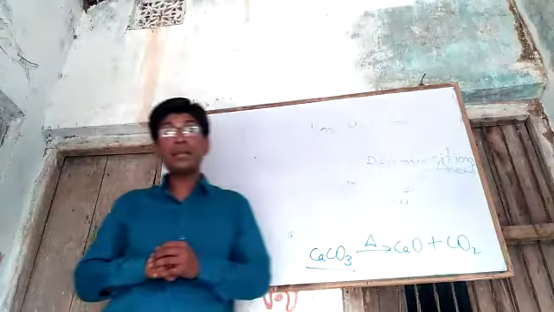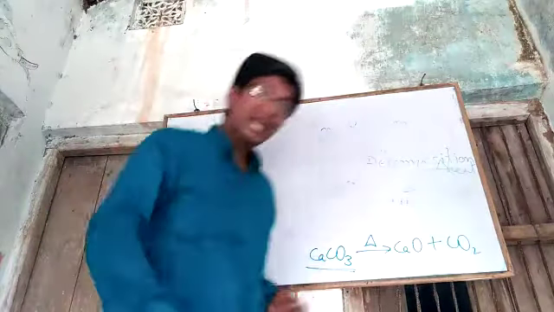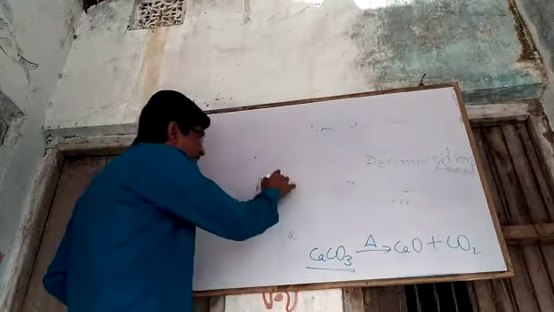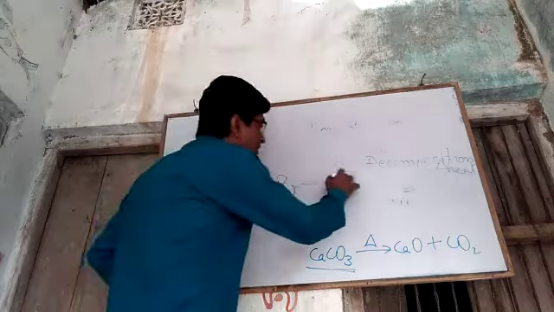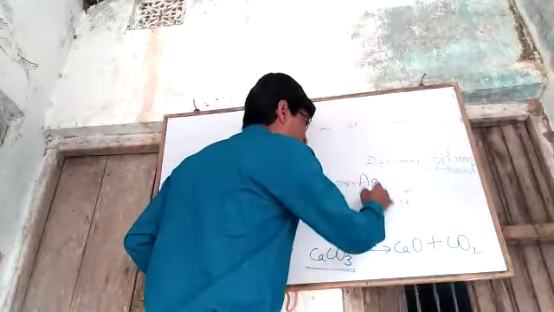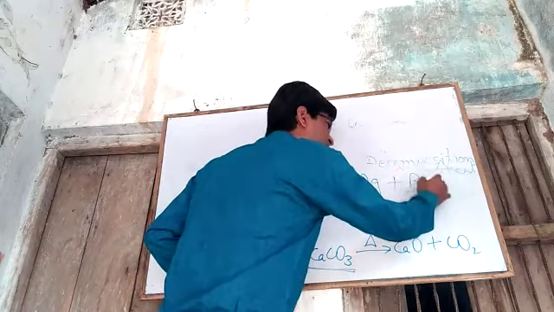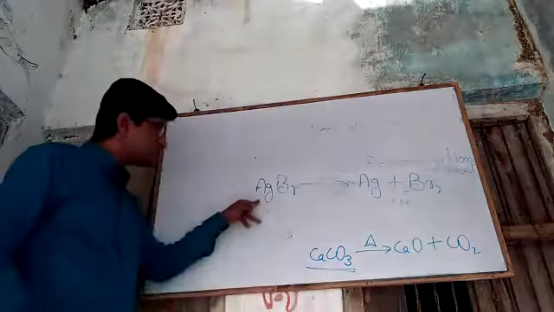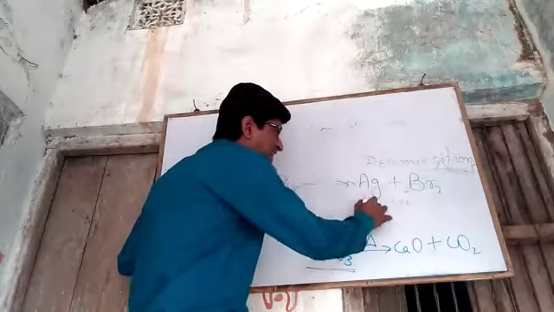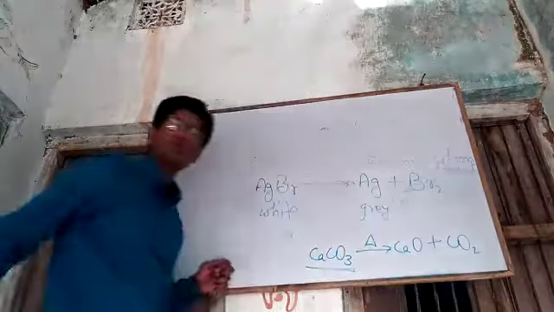Why does this happen? Dear students, actually I am telling about the reaction here. Silver bromide, AgBr, when it is taken in a China dish, gets decomposed and produces silver and bluish green bromine. So this is white in color and this is gray in color and bromine is bluish green.